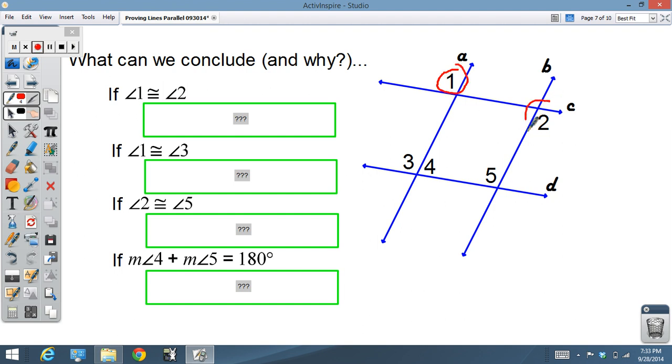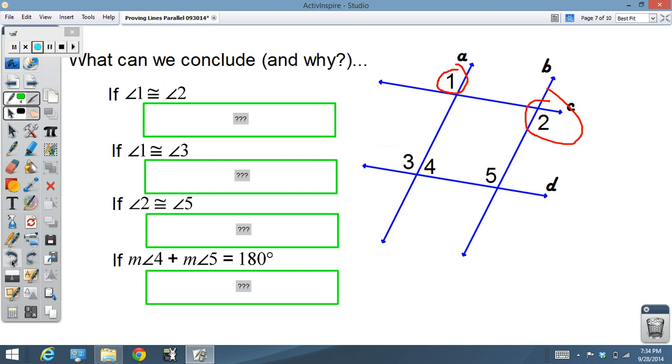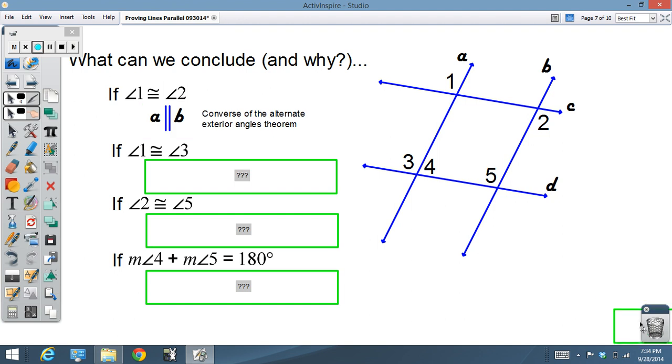Let's ignore all of this and see that what we have is line A, line B, transversal C. 1 and 2 are alternate exterior angles for that part of the diagram. Therefore, A is parallel to B by the converse of the alternate exterior angles theorem.